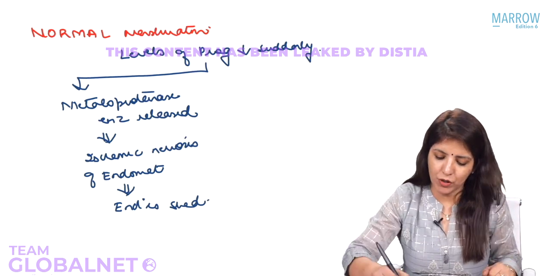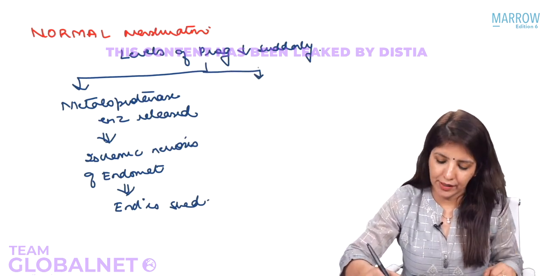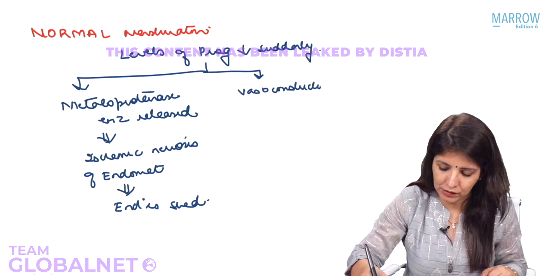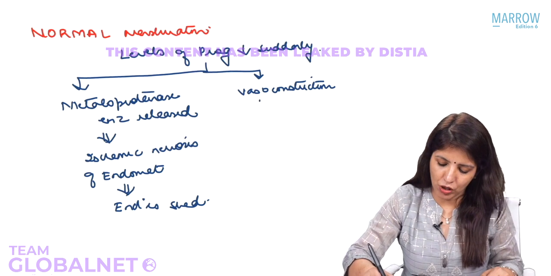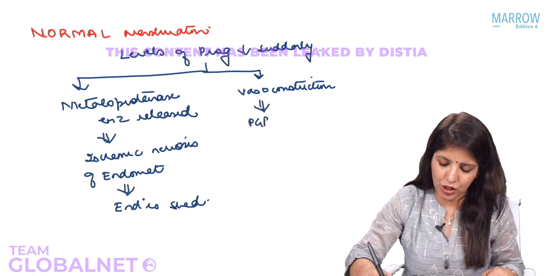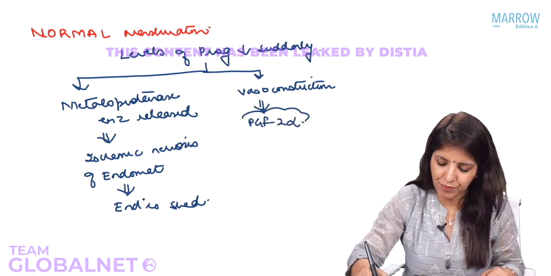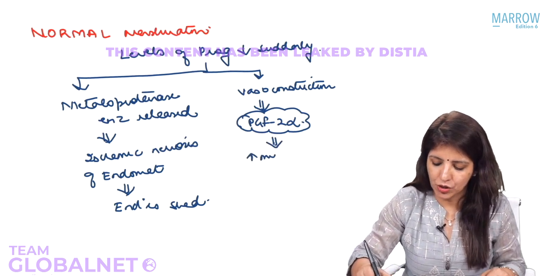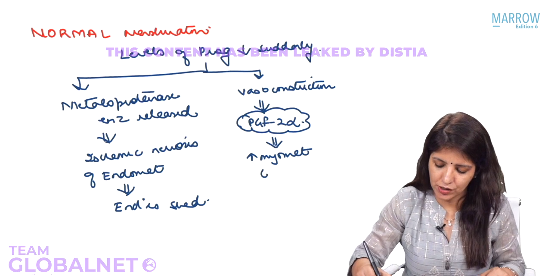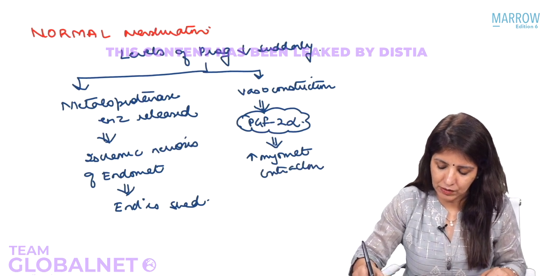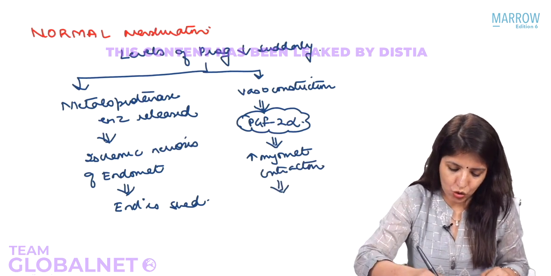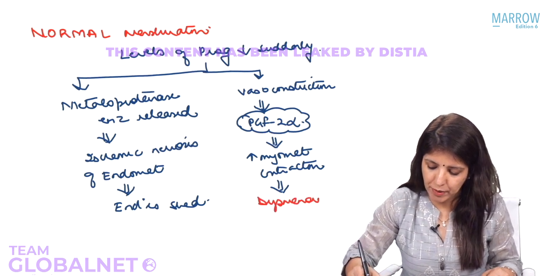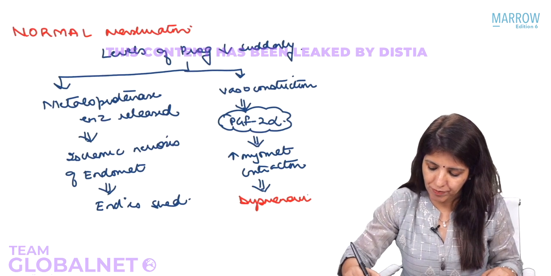Right? Apart from this, when the levels of progesterone decrease suddenly, there is vasoconstriction. Because of this vasoconstriction, PGF2 alpha is released, and this PGF2 alpha leads to increased myometrial contractions, and that leads to dysmenorrhea, that is pain during menstruation.